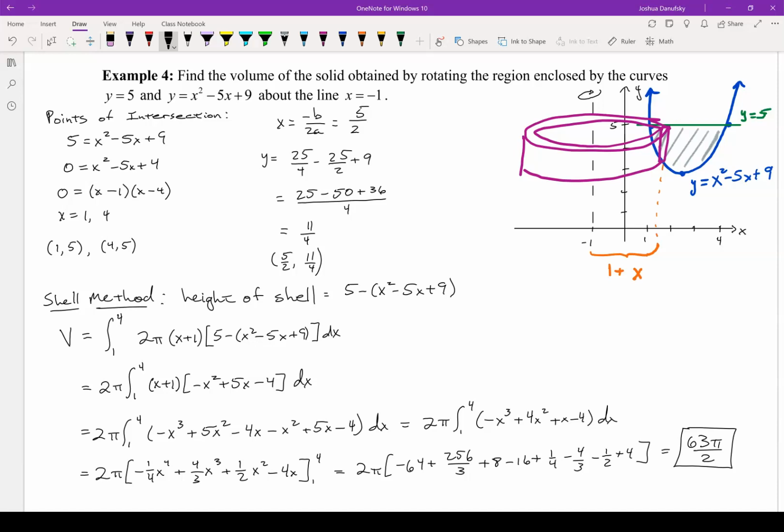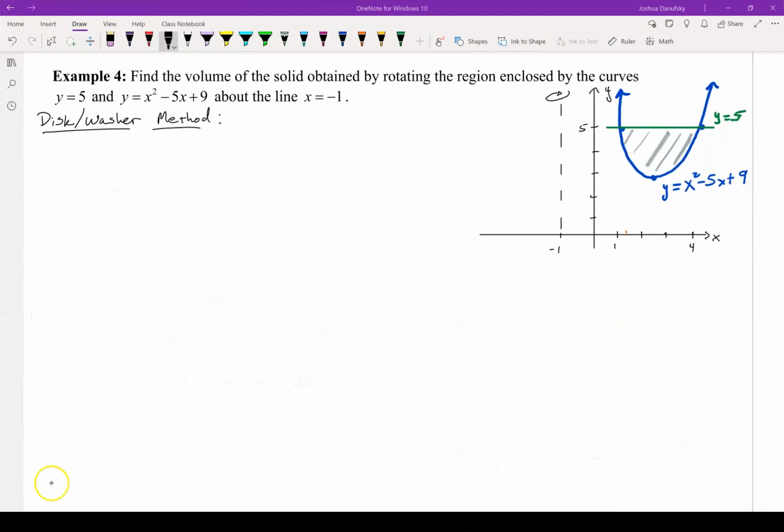Let's try doing this again, this time with the disk washer method. Okay, so our representative rectangle in this scenario is going to go horizontally, like this. And a representative washer might look something like this.